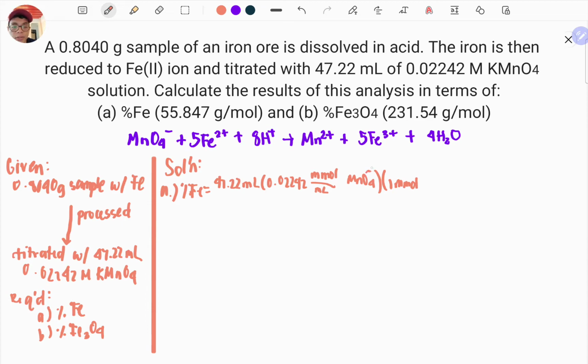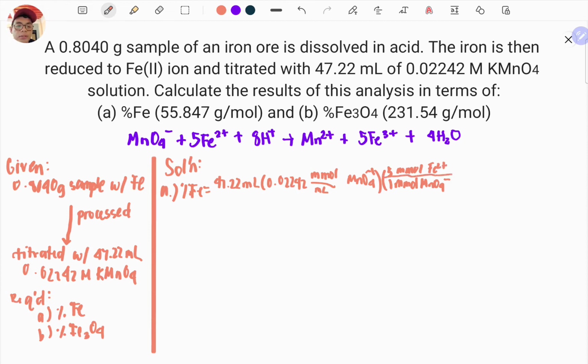The potassium was not included in the chemical reaction because it's a spectator ion. But again, going back to what I was saying, for every 1 millimole of permanganate, there should be 5 millimoles of iron 2+.